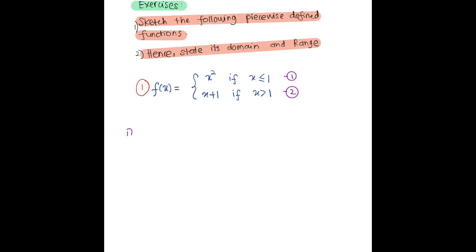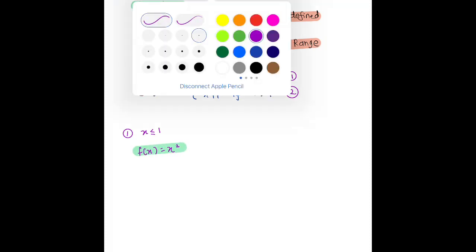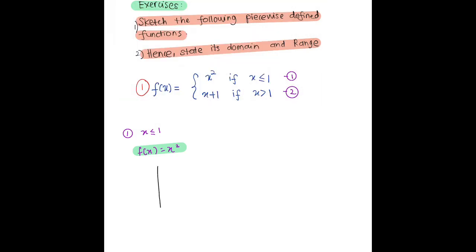So let's take the first equation, which is for x less than or equal to 1. Therefore, your function will be f(x) equal to x squared. You know that this is a smiley graph, so let's graph it. Make sure when you want to draw a graph, you must first write the x-axis, the y-axis, and the origin.